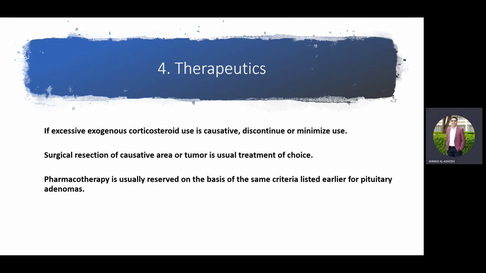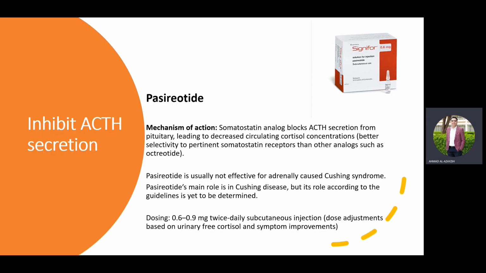Surgical resection is used in case of a tumor. Otherwise, you can go with pharmacological treatment. For example, one of these medications inhibits ACTH secretion, and it could be used when the problem is related to ACTH secretion.